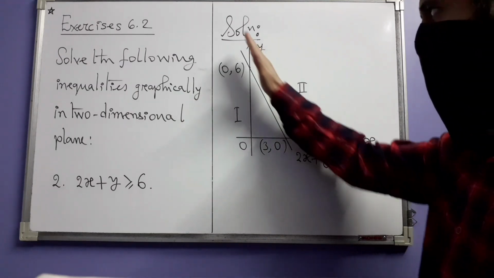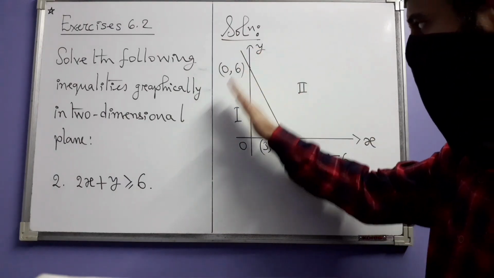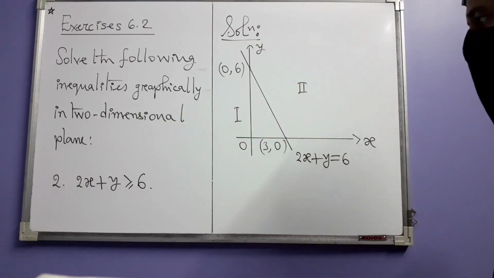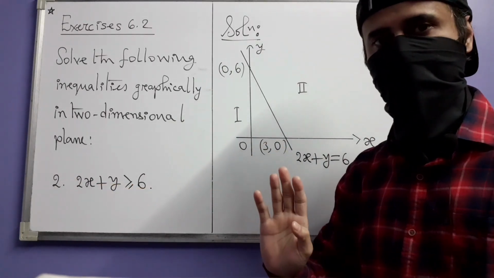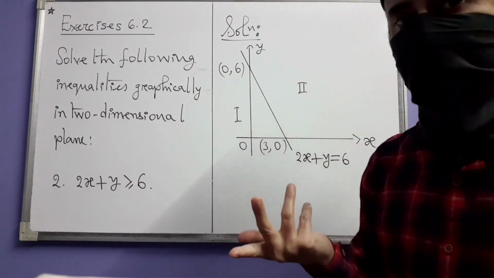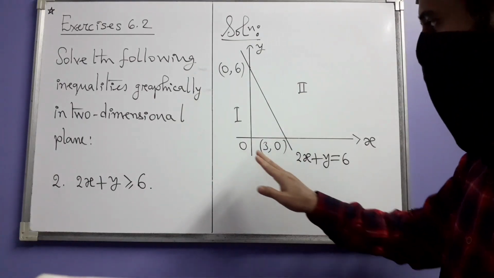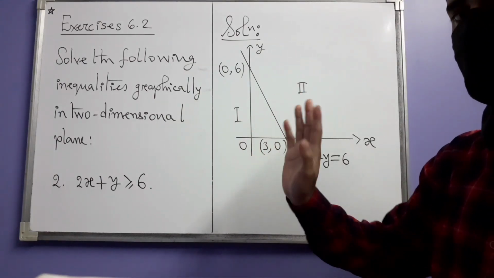So they determine this straight line which divides the plane into two half planes, half plane 1, which is the lower half plane, and the upper half plane 2. And then you substitute the coordinates of the origin in the inequality. And the inequality is not satisfied because 0 is not greater than or equal to 6. That means the half plane 1 containing the origin is not the solution set.